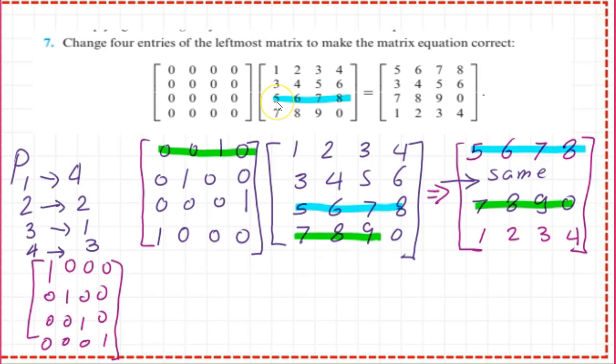We can see that in the new matrix, after multiplication of the permutation matrix, we have the third row here, followed by the second row, followed by the fourth row, and this last row, and 1, 2, 3, 4 is the first row.